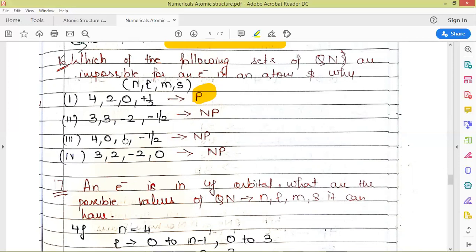For the value of M, if L is 0, that means M must be 0. M can have values minus L to plus L, so it can have just the value 0. So for the given value of L, M as 1 is not possible.